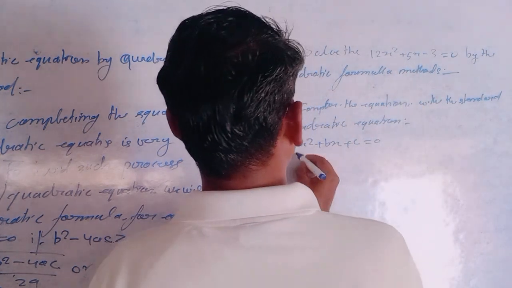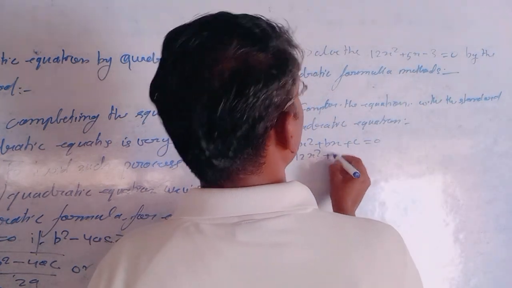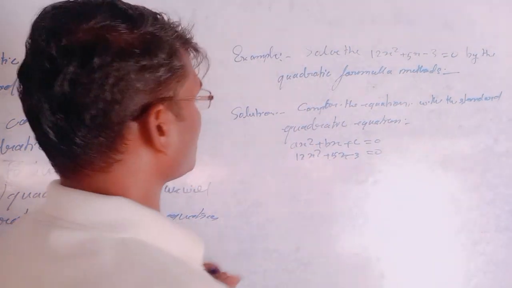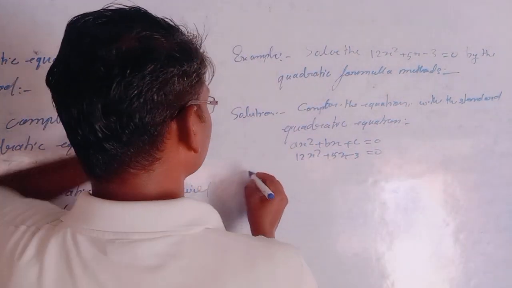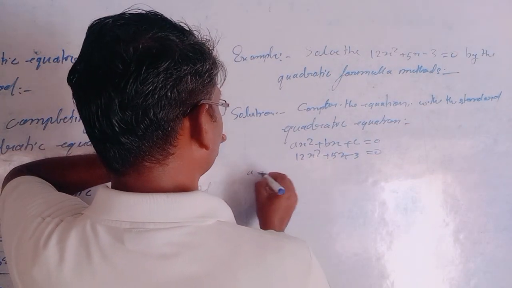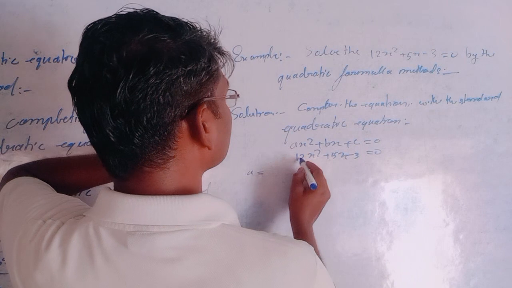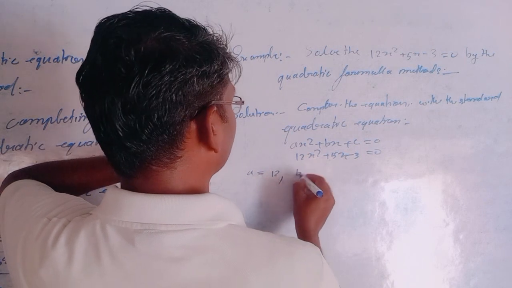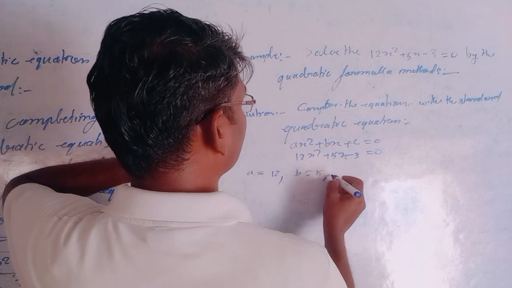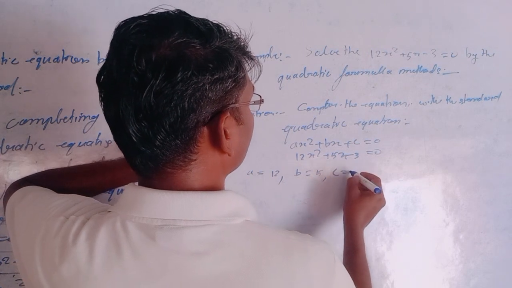So we write 12x square plus 5x minus 3 is equal to 0. Now find the values of a, b, c. The value of a here is 12, b value is 5, and c value is minus 3.